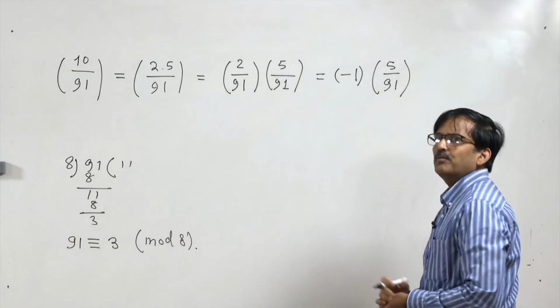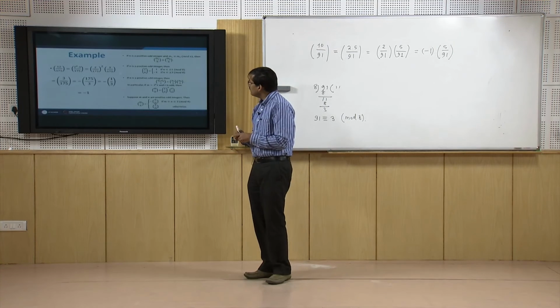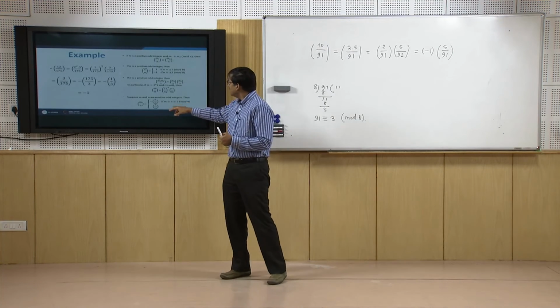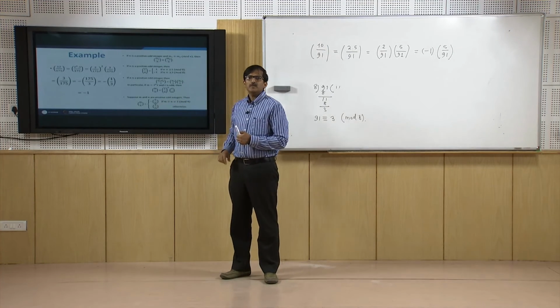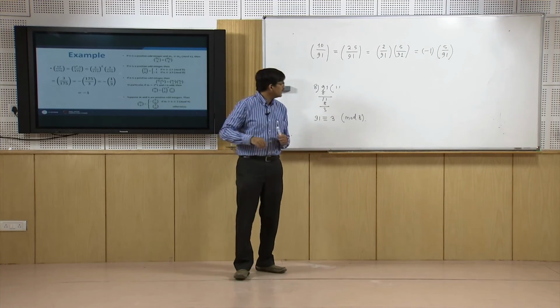Okay. And now 5 is an odd integer, therefore, I will go for the reciprocity. In order to check the reciprocity, I have to again do some modular reduction. So, let us do that.